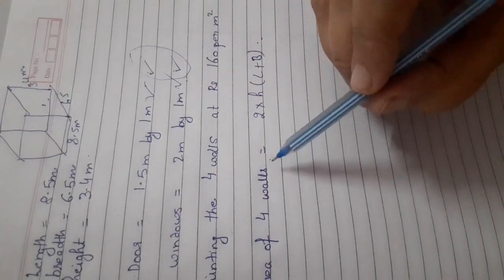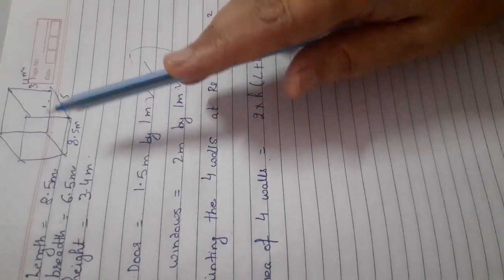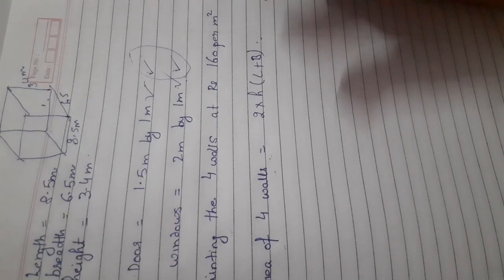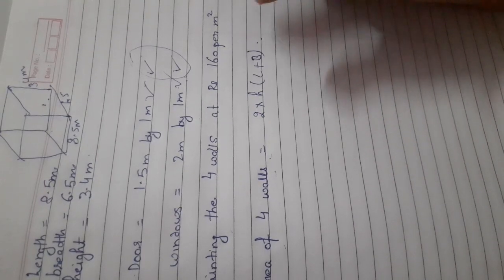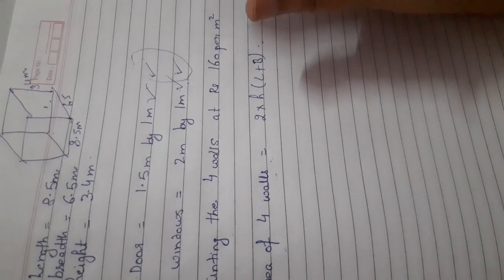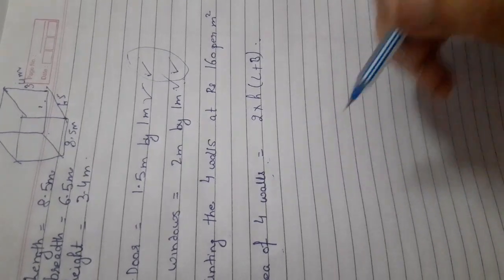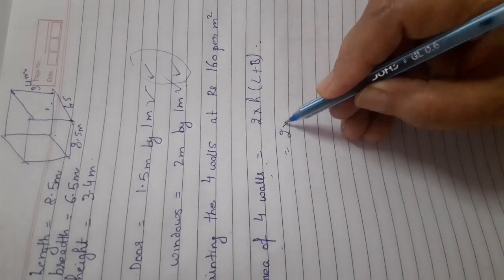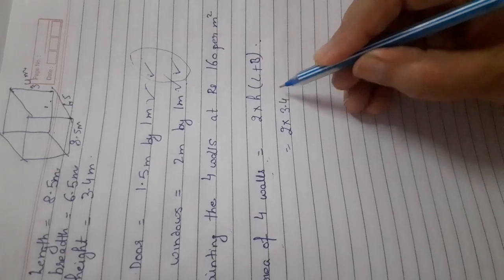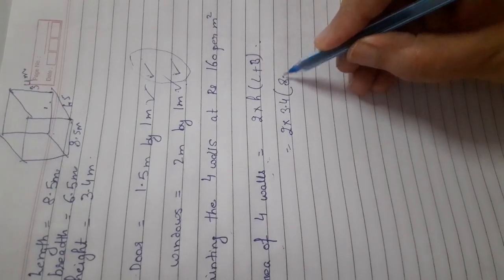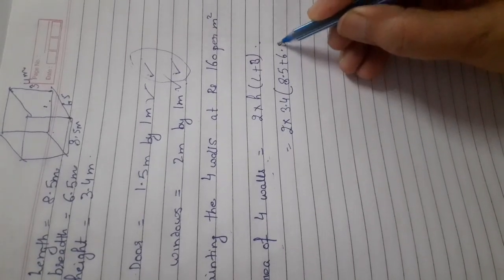After subtracting, that much area I will get to paint, and from that I can get the total cost of painting the walls. So first I will find out the area of the 4 walls: 2 into height, which is 3.4, into length plus breadth, 8.5 plus 6.5.